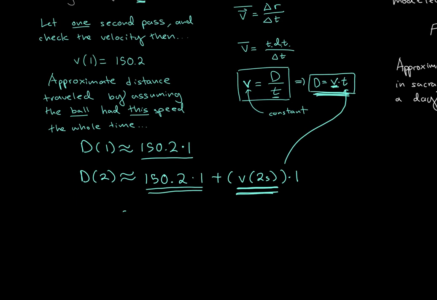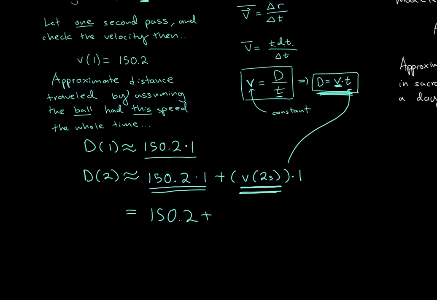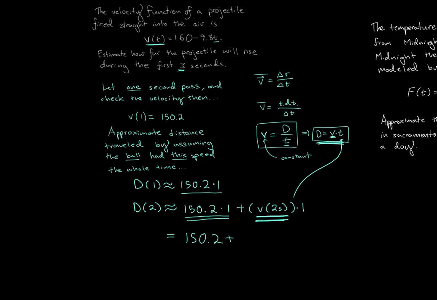That is going to be equal to 150.2 plus, okay, so v of 2 seconds. I'm really making my job harder. I should have just made this 10 in hindsight. All right, minus 9.8. Why is that the hardest thing?